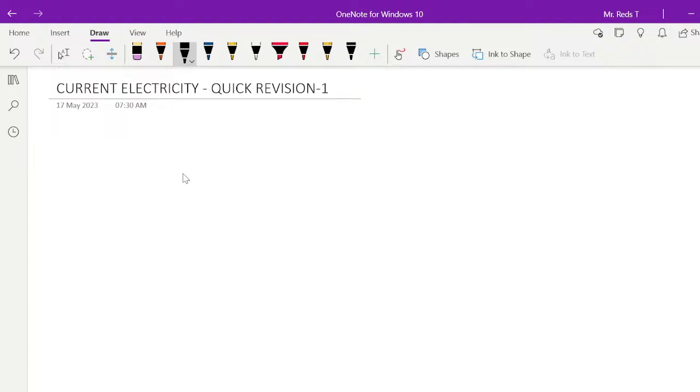The remaining parts we will discuss in the next session.